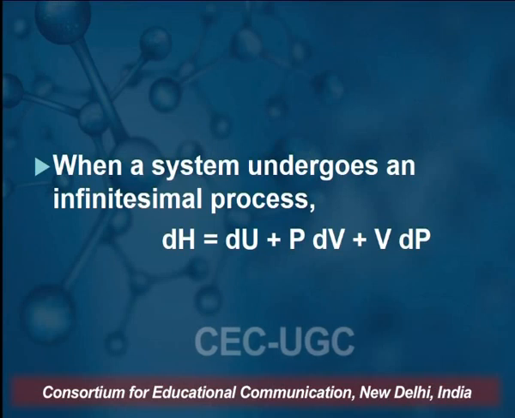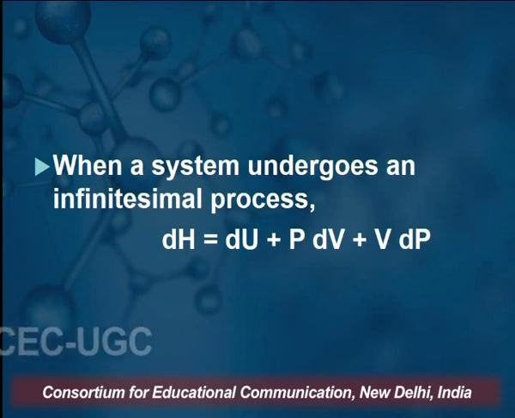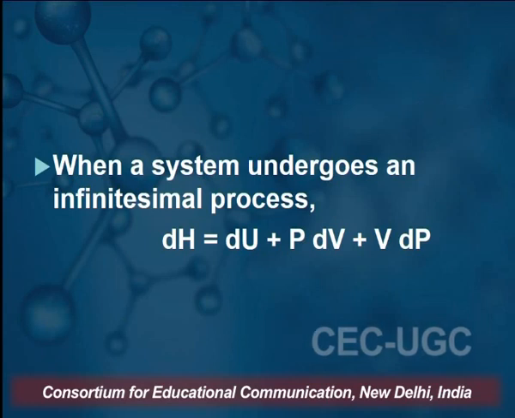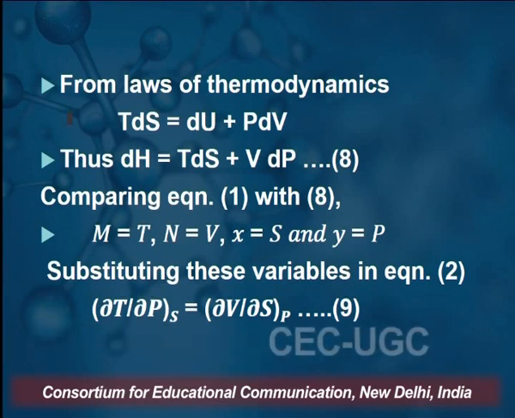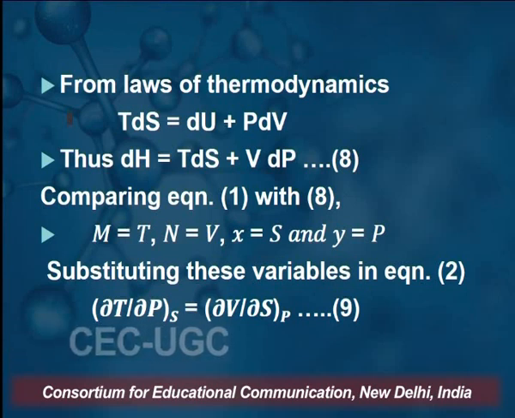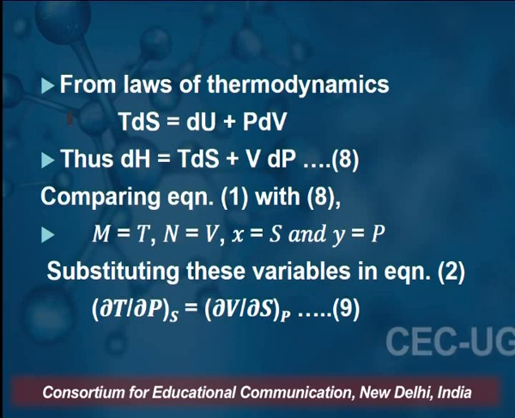If the system undergoes an infinitesimal process, we get dH is equal to dU plus pdV plus VdP. From the combined first and the second law of thermodynamics, we have TdS is equal to dU plus pdV. Thus, dH is written as TdS plus VdP.